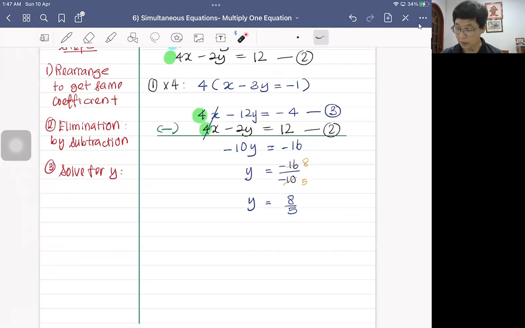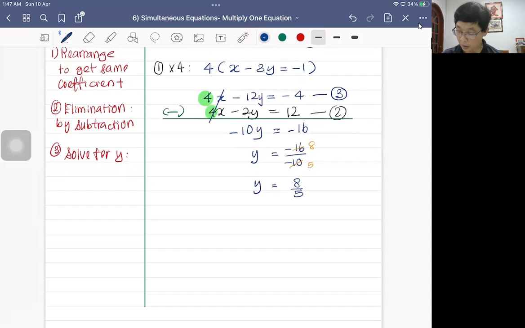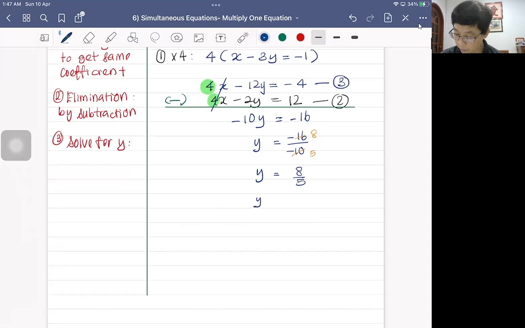Now, you can keep this as a fraction, where you get a mixed number of 1 and 3/5, or you can get this as 1.6. Yep, okay, so you can get that as 1.6.